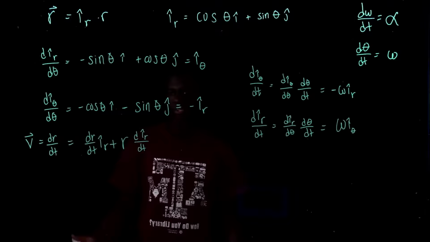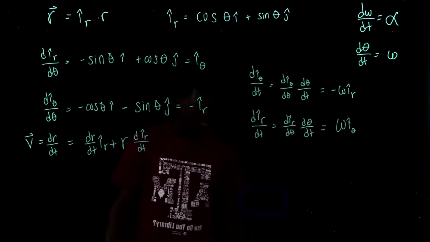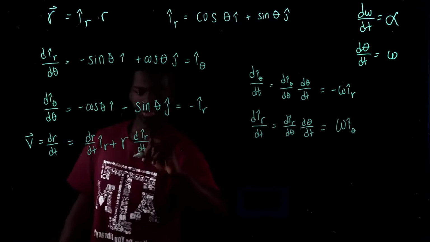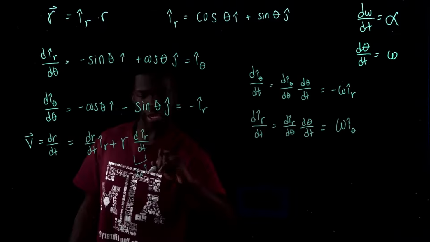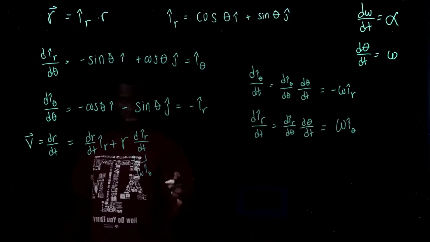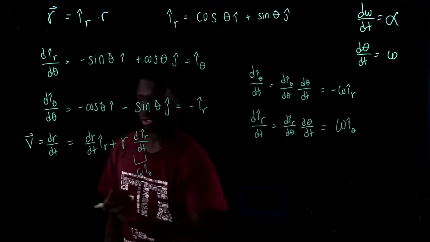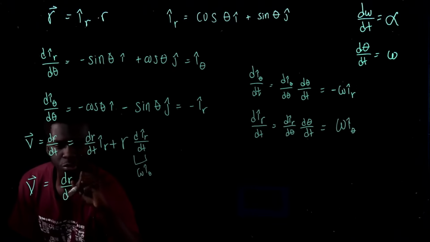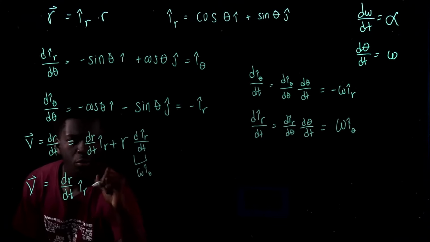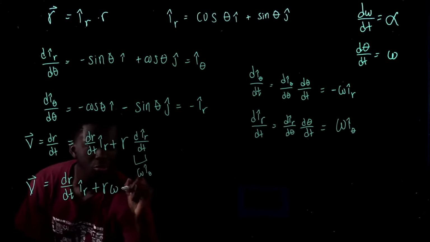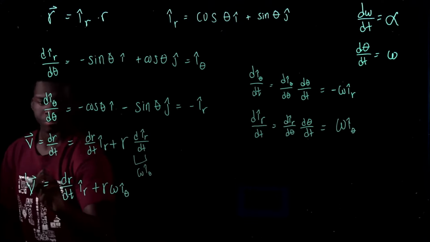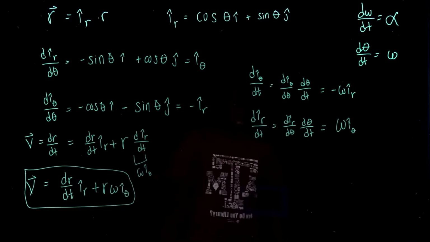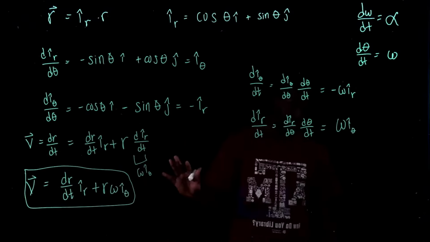Now since we have that, all you have to do is substitute di_r dt, which is omega i_theta. So now we know v is equal to dr over dt i_r plus r omega i_theta, and that is the formula for the v. That's the first part.